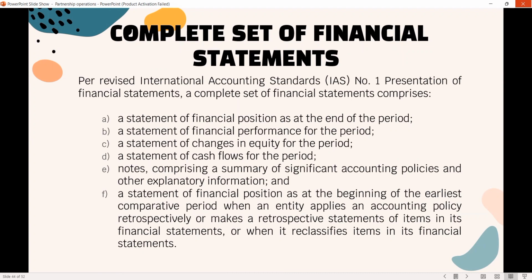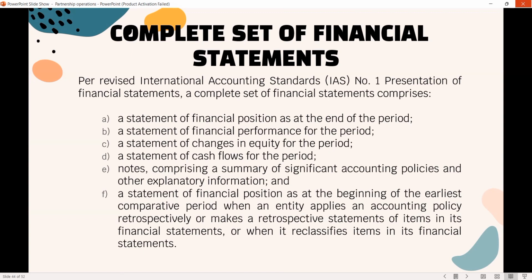Yung financial position, it is the balance sheet. While the financial performance, I think it's the income statement, to be clear. Yes, or balance sheet siya. Tapos yung notes comprising a summary of significant accounting policies used and other explanatory information.